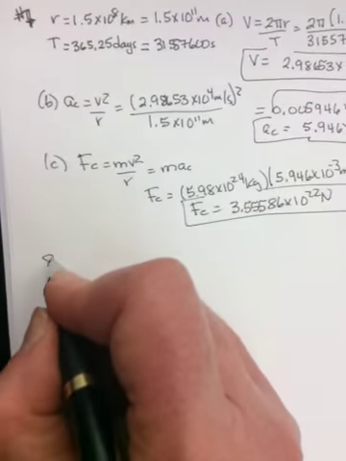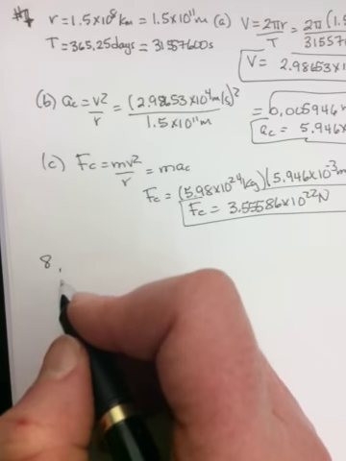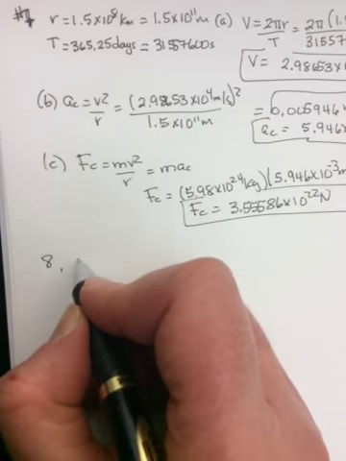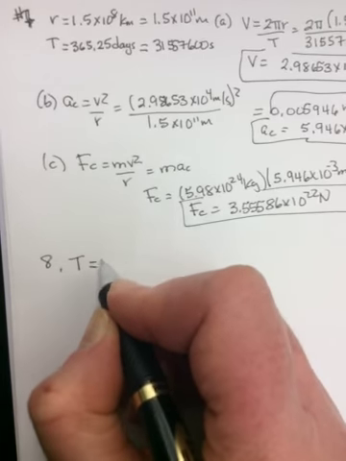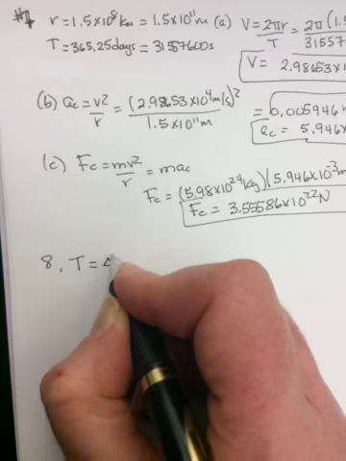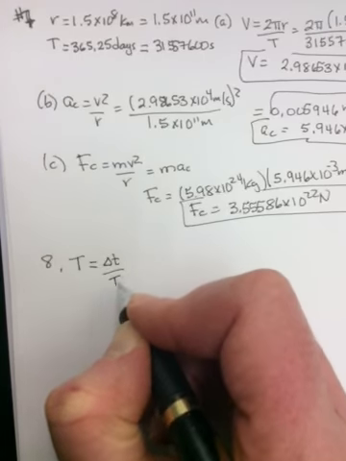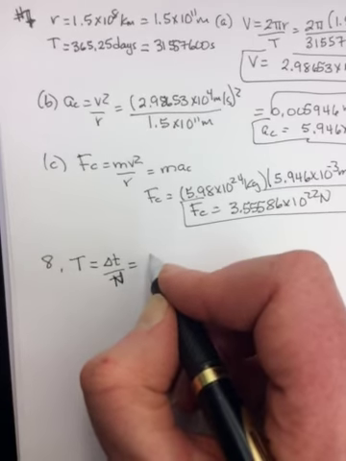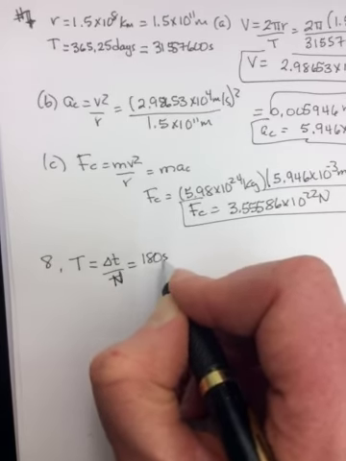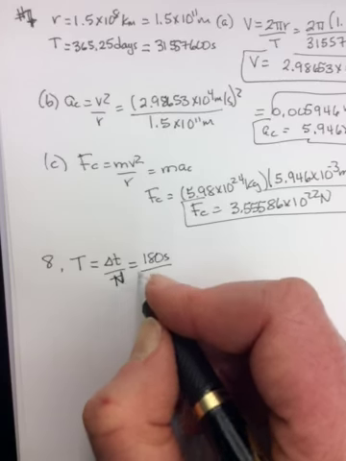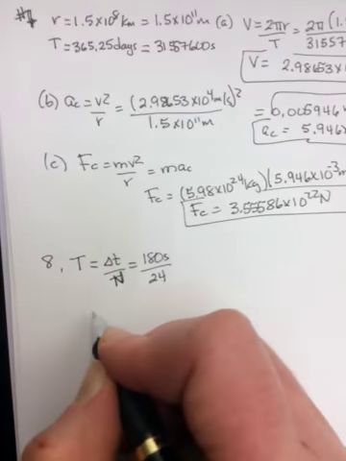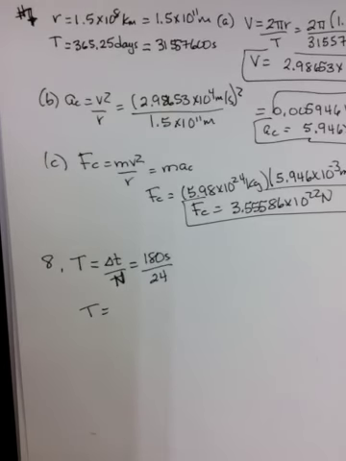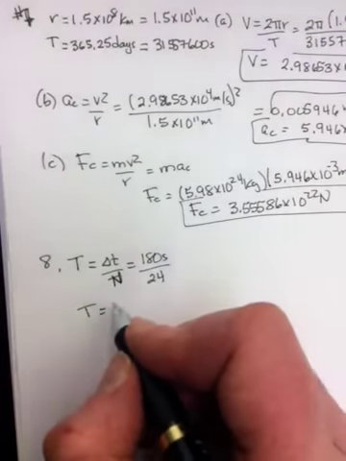Number 8. A merry-go-round makes 24 revolutions in 3 minutes. Remember, period from grade 11 is equal to the amount of time over the number of revolutions that go by. So 3 minutes is 180 seconds, and it says it makes 24 revolutions. So the period of this ride is 7.5 seconds.